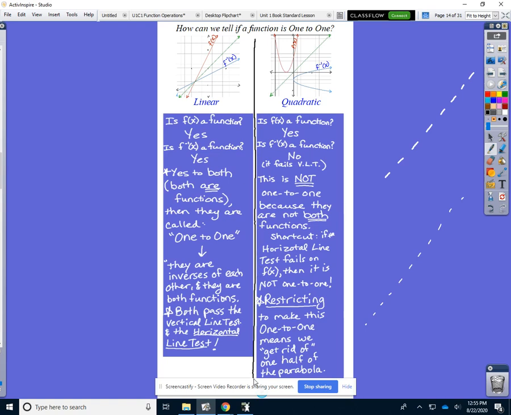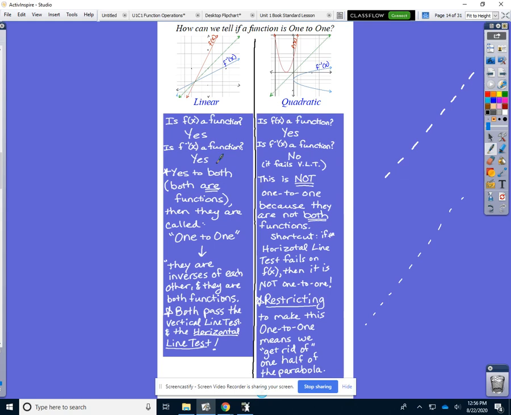So if we just focus on the linear side, you've got two lines reflected over the line y equals x, and the graph looks something like this. Is f of x a function? So f of x is what I have shown up here in red. Yes, that's a function. Is f inverse of x a function? Yes. If you answer yes to both, then the functions are called one-to-one.